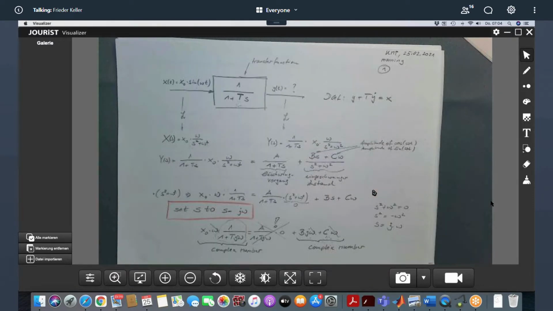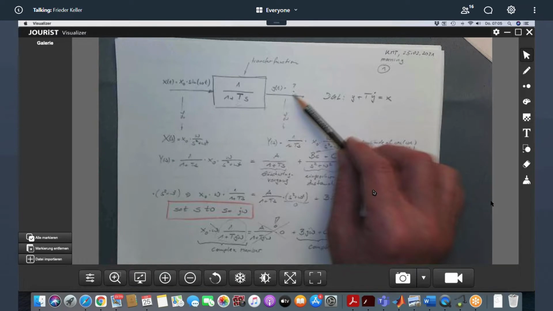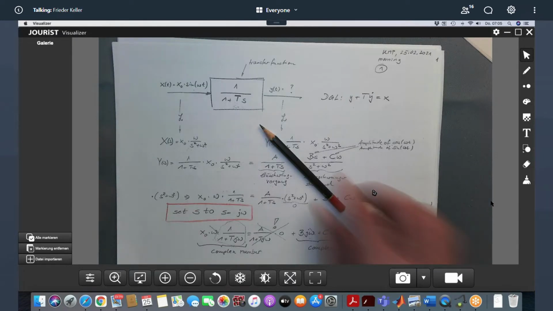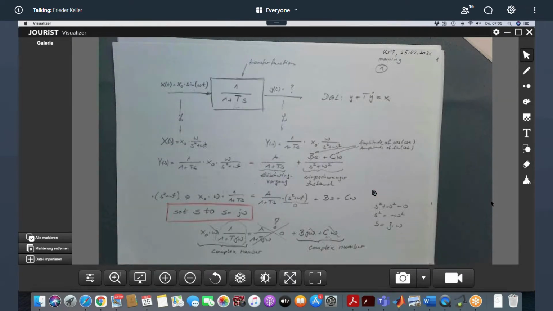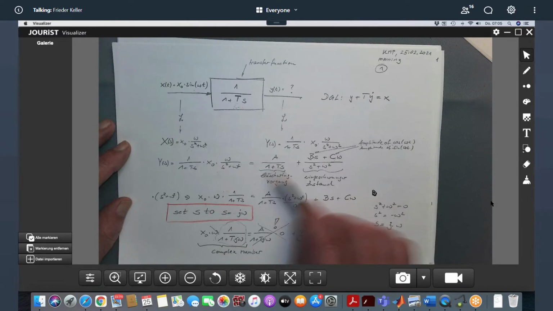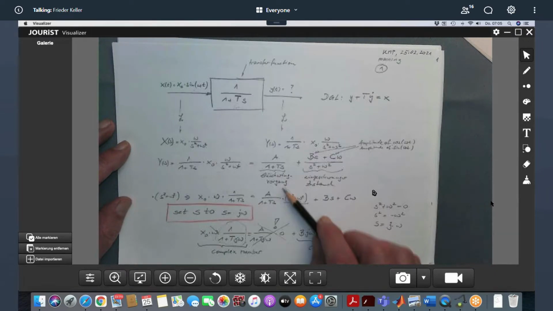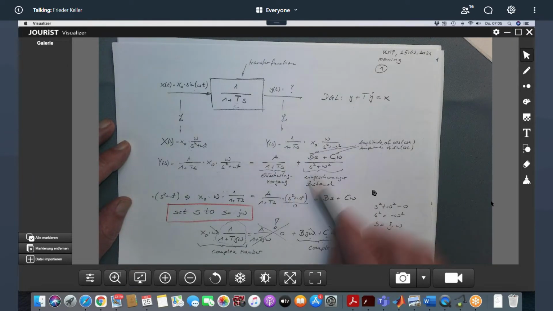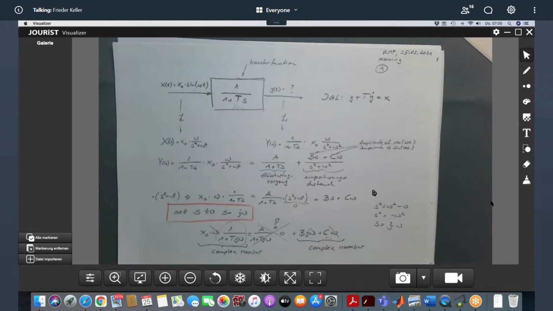Before we started this calculation, we also had a simulation with MATLAB Simulink. And then we could clearly see that at the output we have a superposition of a so-called Einschwingvorgang, our transient phase, with an eingeschwungener Zustand, a steady state behavior.